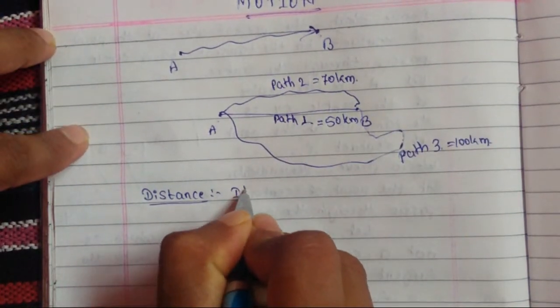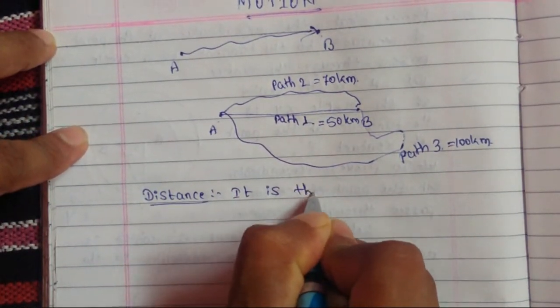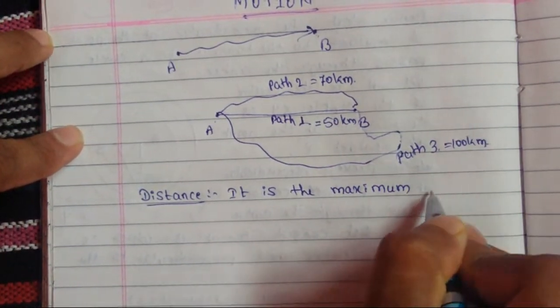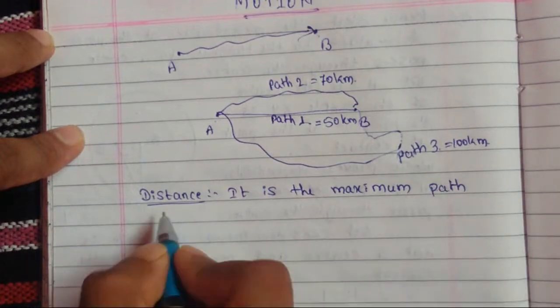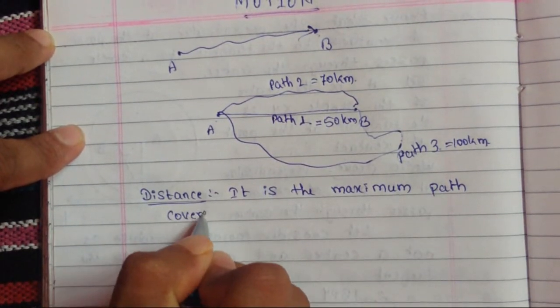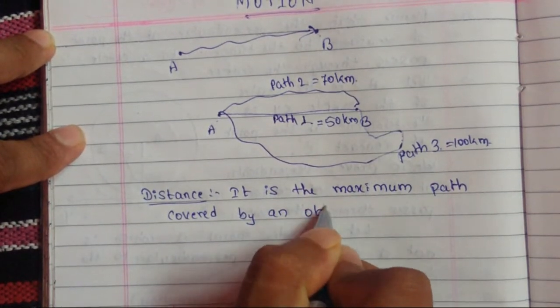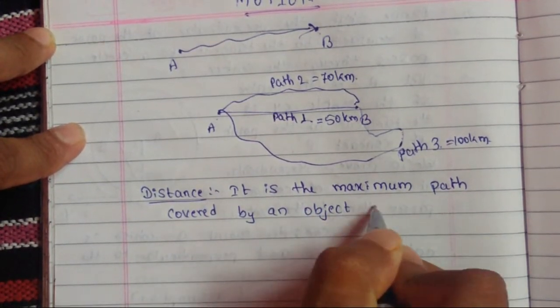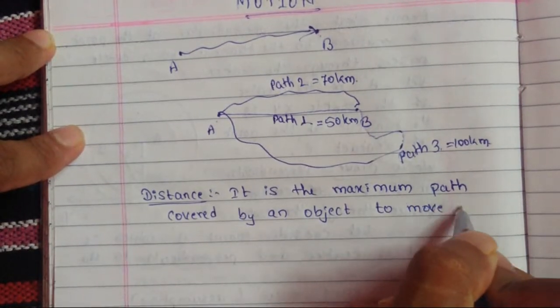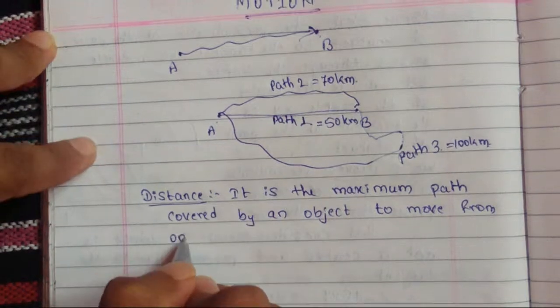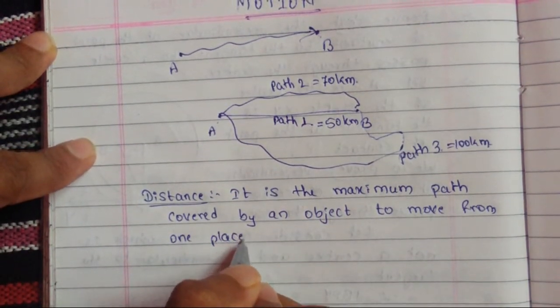Distance means the maximum or total path covered by an object to move from one place to another.